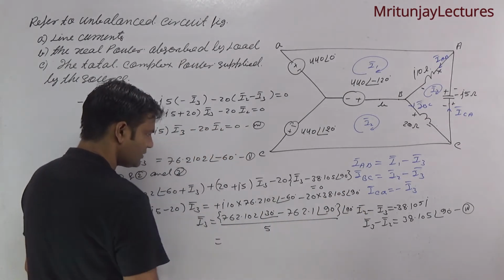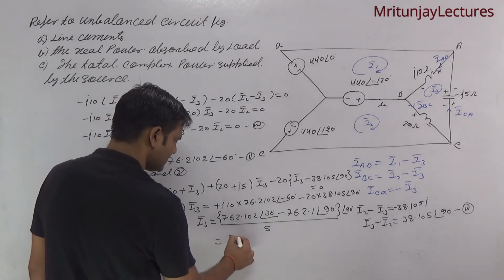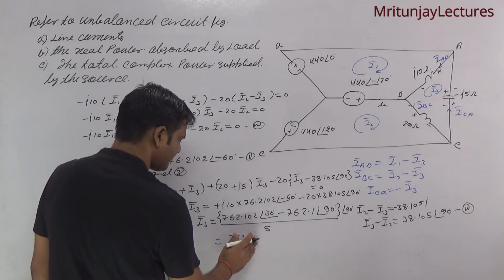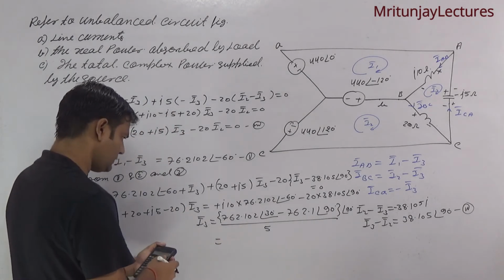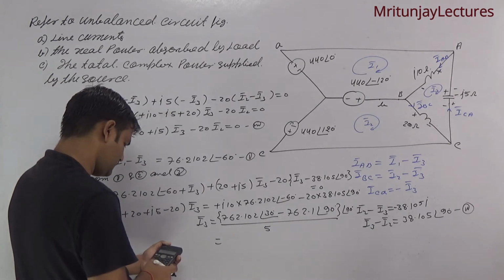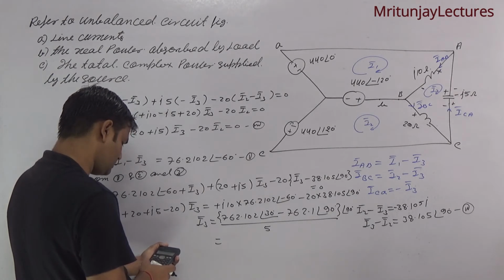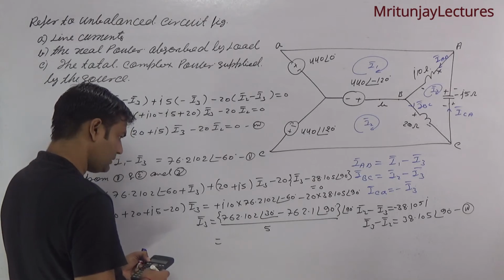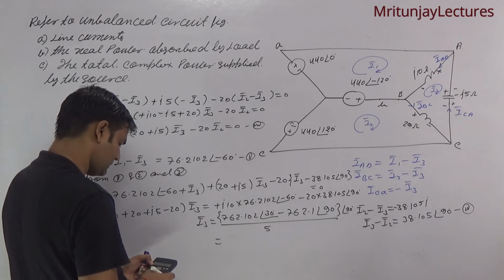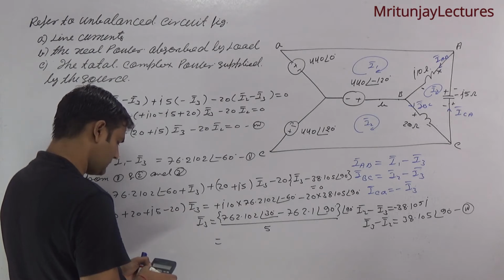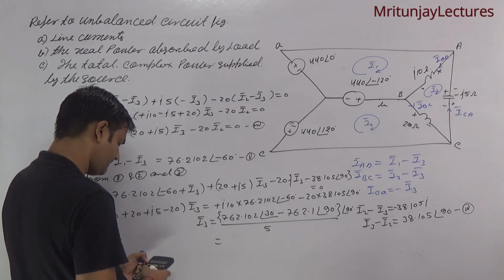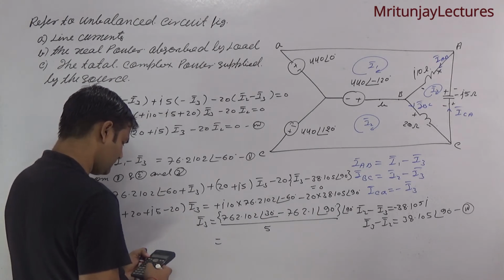So it is written as, first I'll solve it, 762.102 at the angle 30 degree minus 762.1 at the angle 90 degree.